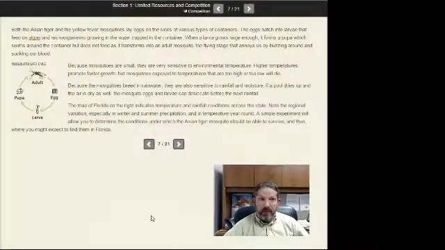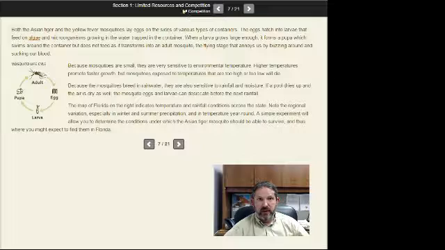Okay. So, I'm in section 1 here of the most recent assignment on limited resources and competition. It's talking about the fundamental niche, and is starting to get the idea of what would limit the distribution of where an animal lives.